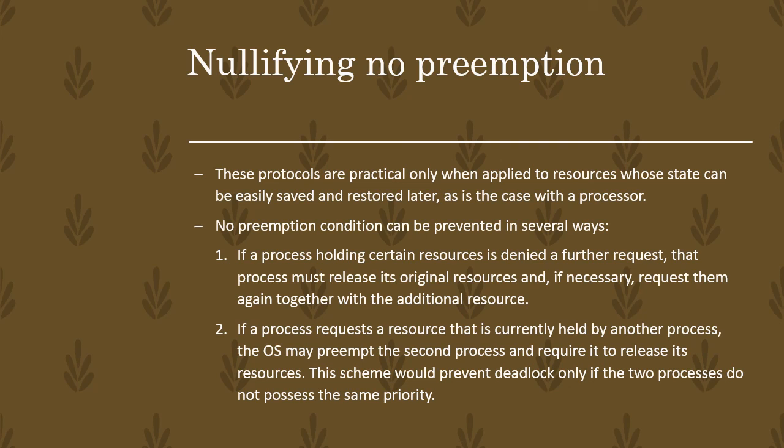And the scheme is like this. The resource is currently with a process. This is the first process. Another process requests the resource. This is the second process. When the OS sees that it cannot give the resource to the second process, it preempts the second process and takes back all the resources that it gave the second process.